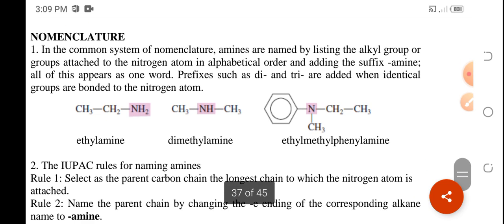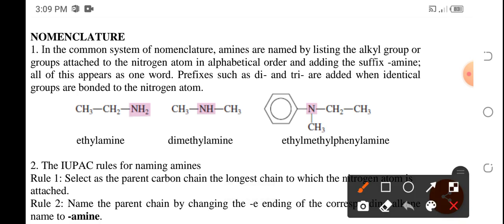For the nomenclature, we could have a common system of nomenclature wherein you just list the alkyl groups attached to the nitrogen in alphabetical order, plus adding the suffix amine. If alkyl groups that appear are identical, you may use di or tri to denote that they are the same.